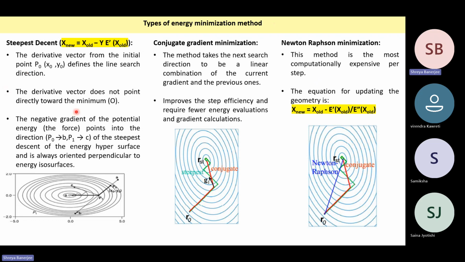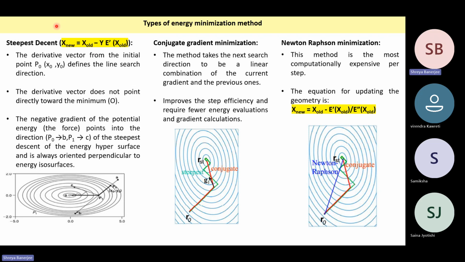There are some other techniques. We don't need to go into the mathematics of it. You can just remember that there is steepest descent; these are just names of different techniques. The latest technique is the Newton-Raphson technique, which combines the single derivative and double derivative of energy to very quickly reach the energy minimum from the initial stage.